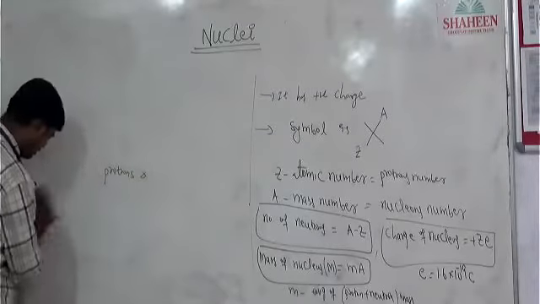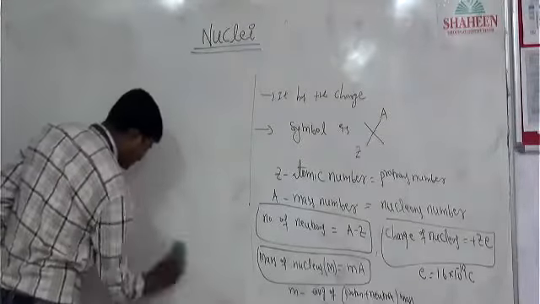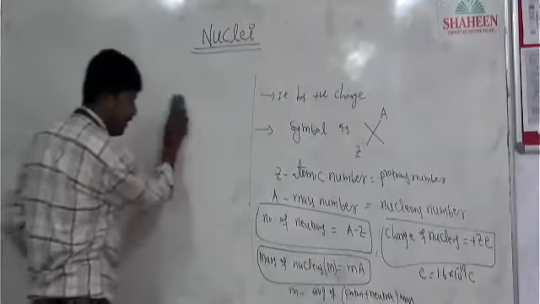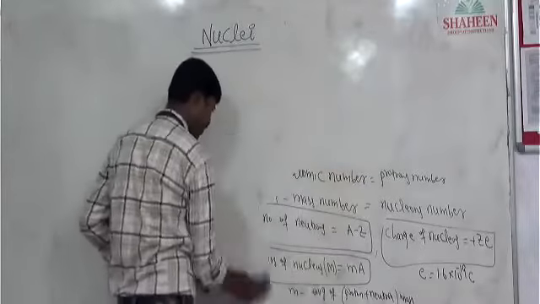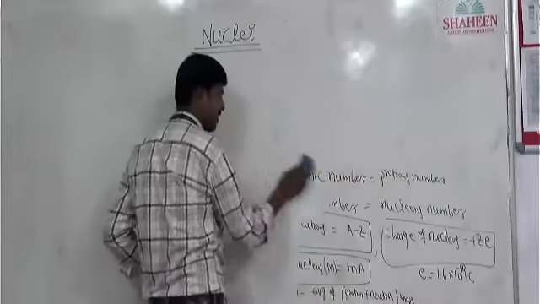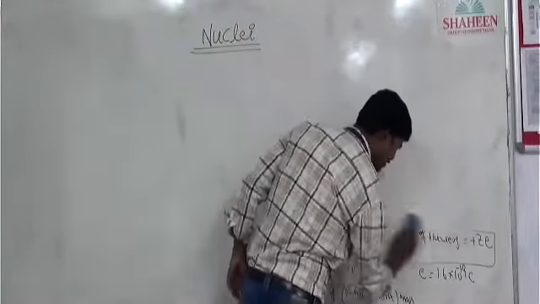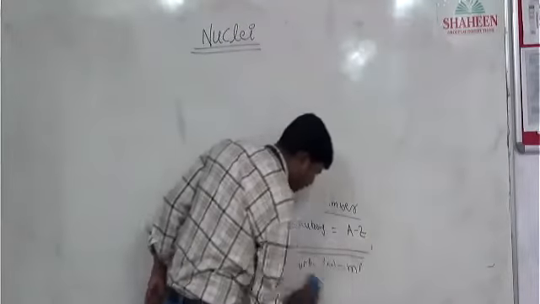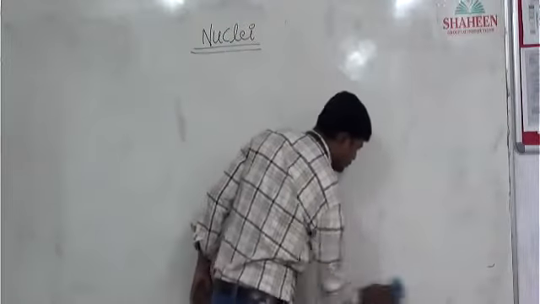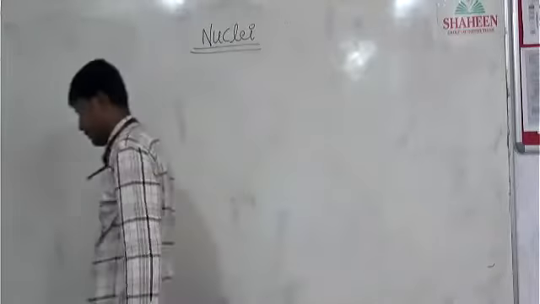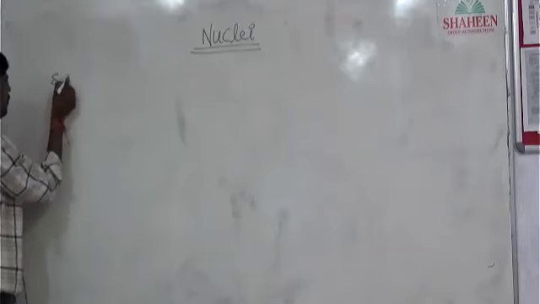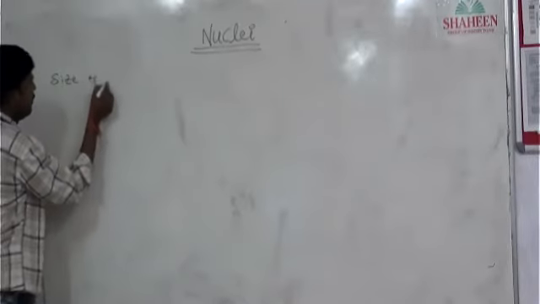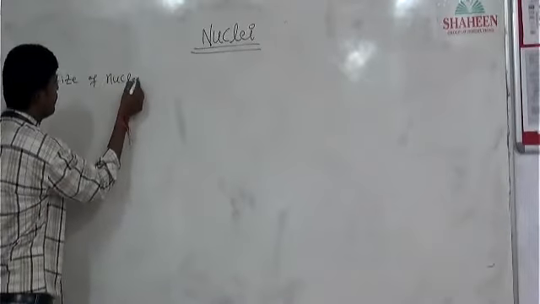Let us rediscuss. We have covered the mass of the nucleus and the number of neutrons, protons, and nucleons. Now let us discuss the size or radius of the nucleus.